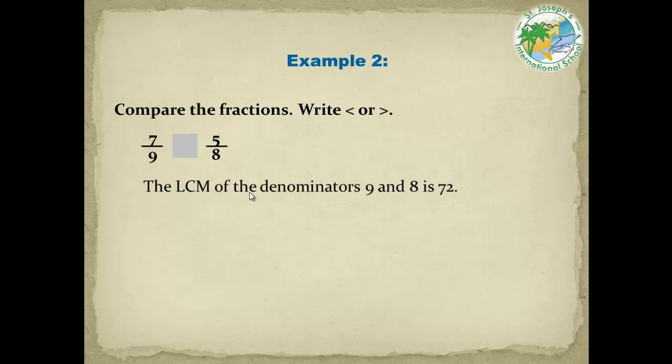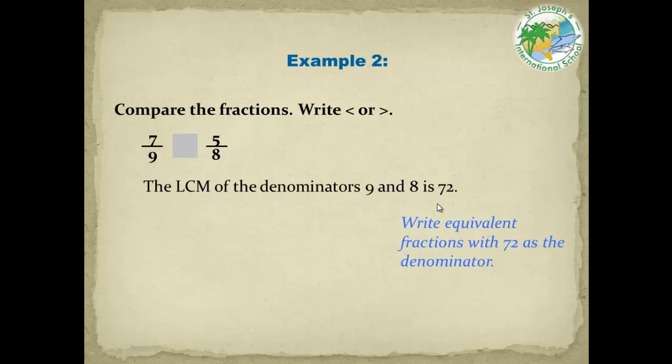The LCM of the denominators 9 and 8 is 72. We should have equivalent denominators before we start to compare different fractions. We can't compare two fractions if the denominators are different.